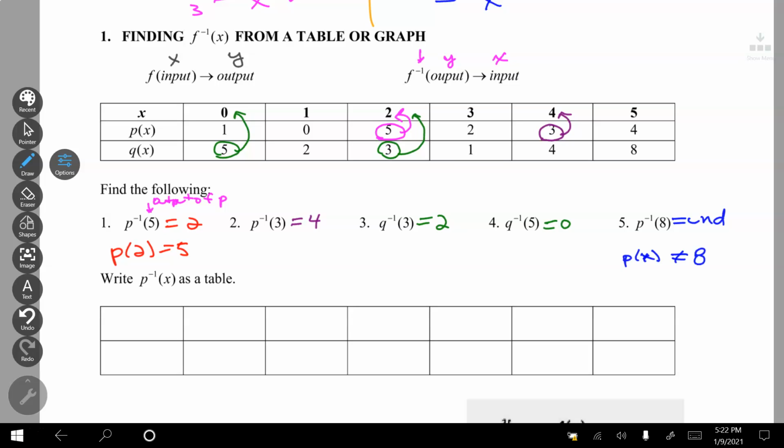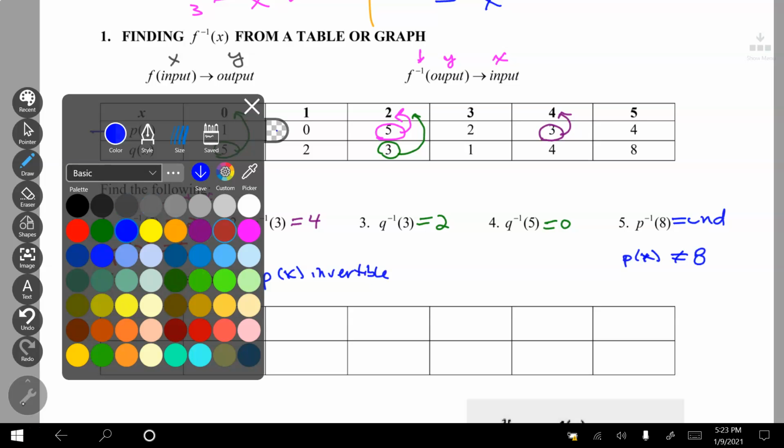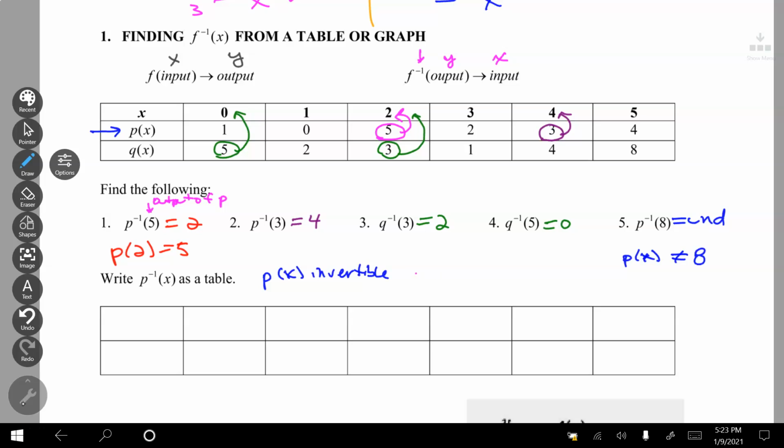So now we're going to take my p and rewrite it as p inverse as a table. This is because p of x is invertible. In other words, every x has exactly one y value, and every y value has exactly one x value. This is called a one-to-one function.